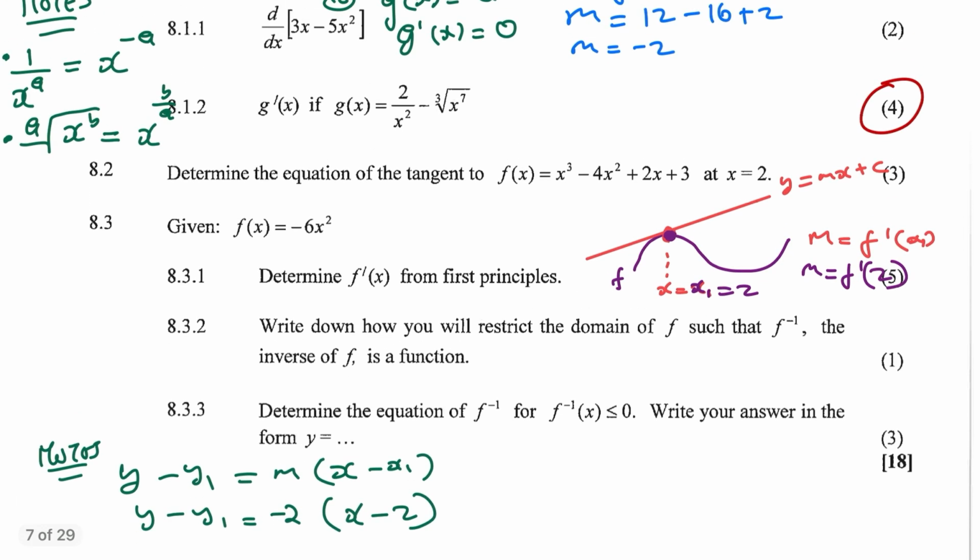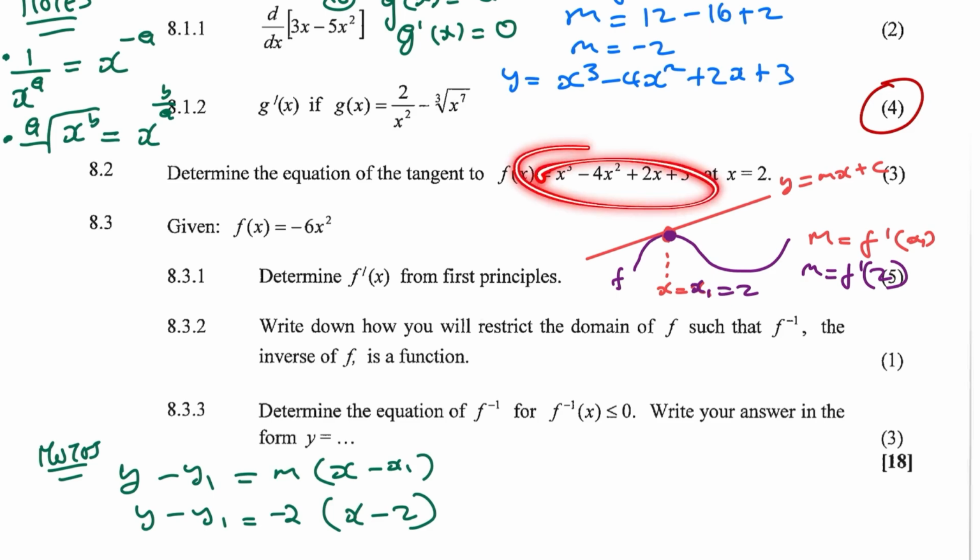Now, how do you find y1? The way you find y1, you need to see, okay, cool, this is in this function here, right? When x is equal to 2, what is my y? Then that's your y1. So meaning, remember, you have the function y is equal to x cubed minus 4x squared plus 2x plus 3.